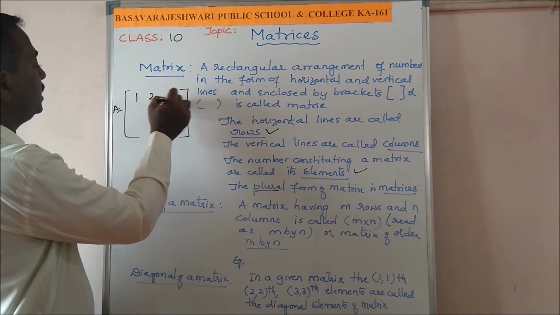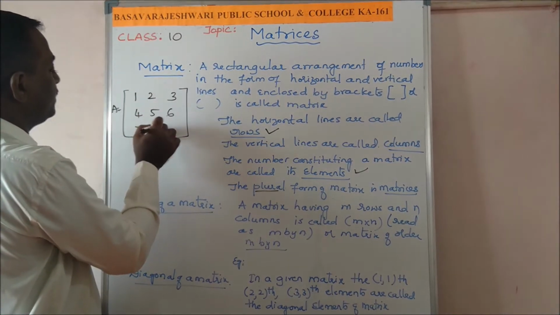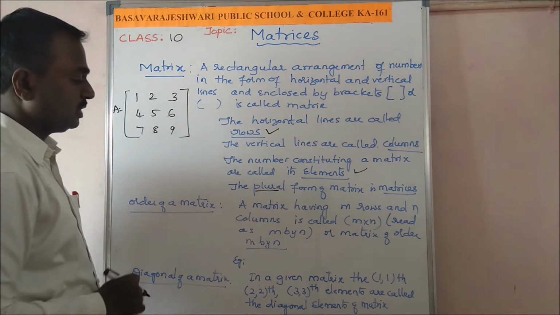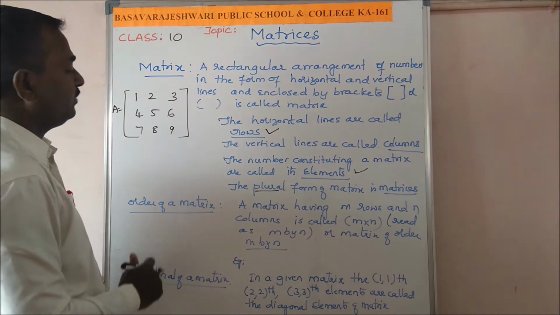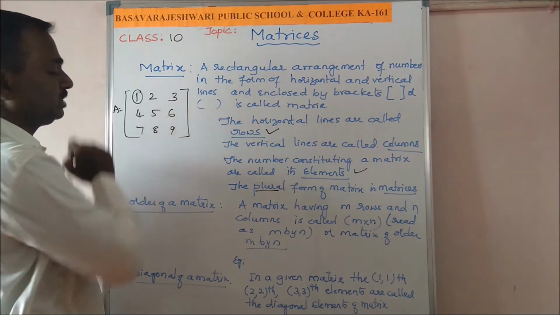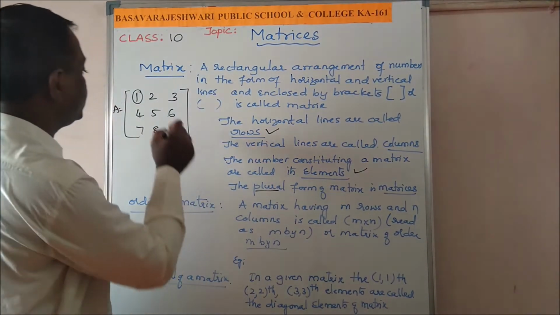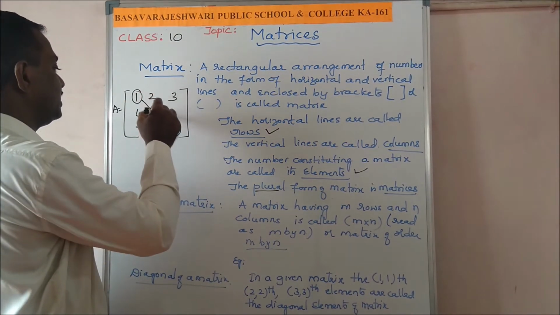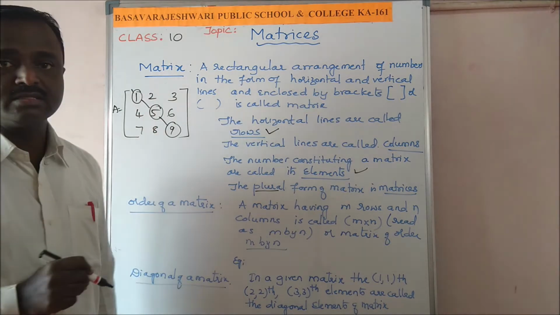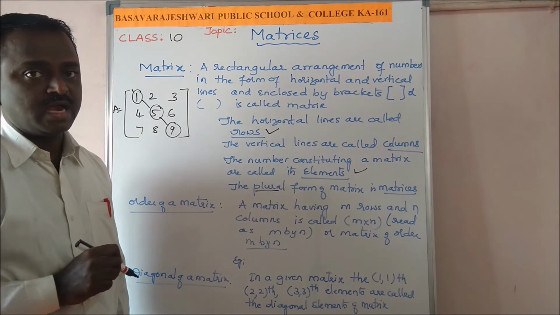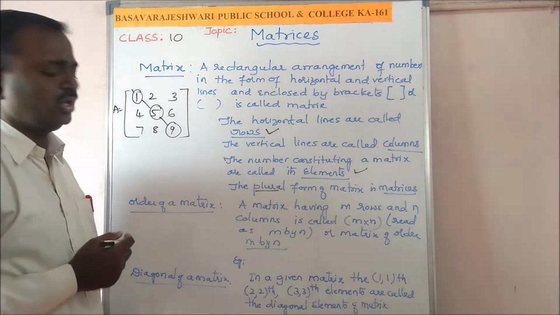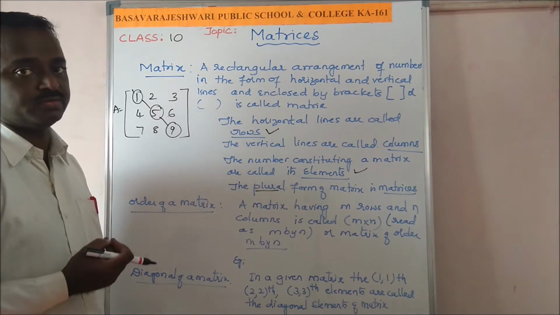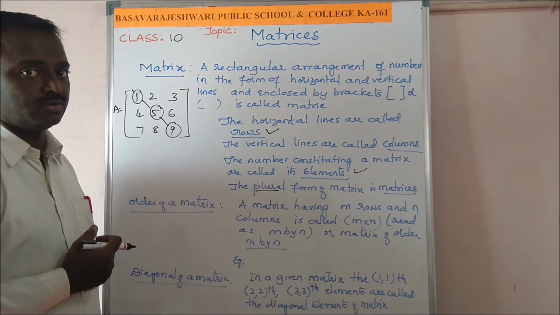So 1, 2, 3, 4, 5, 6, 7, 8, 9. Some elements I wrote here. First row, first column; next, second row, second column; third row, third column. These elements are called the diagonal of the matrix. No need to write all these things in your notebook. Just have the idea or basic concepts regarding matrices.